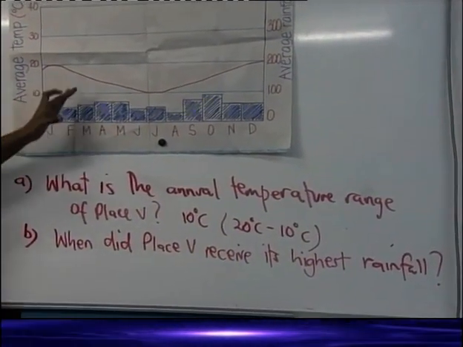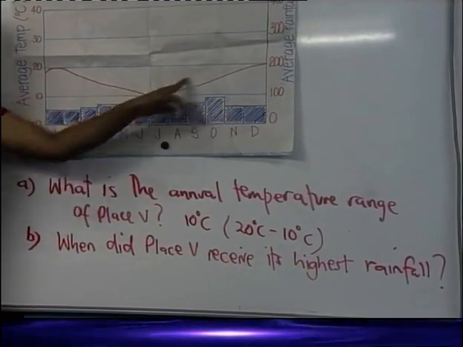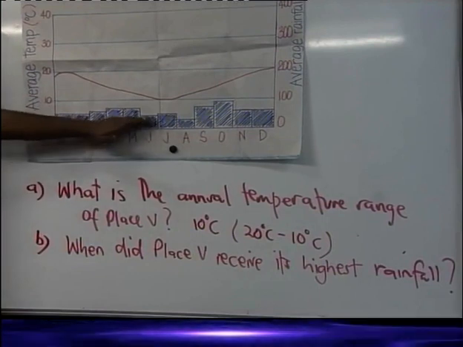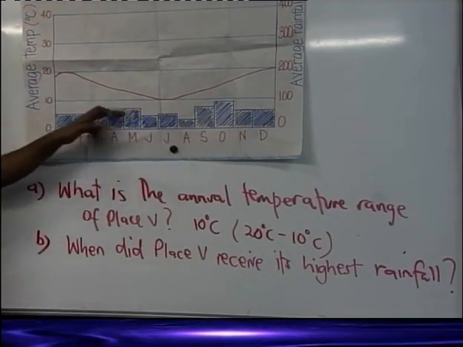So it's asking for rainfall. You're not going to look at the line readings here, the temperature readings. You're going to look at your column graph.